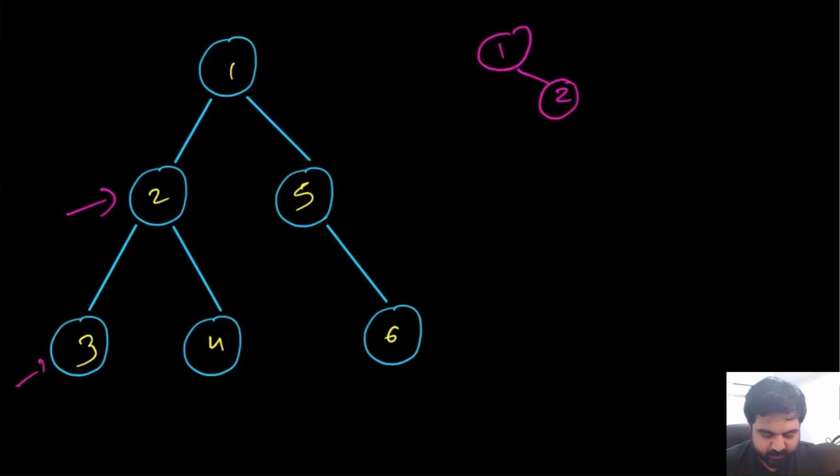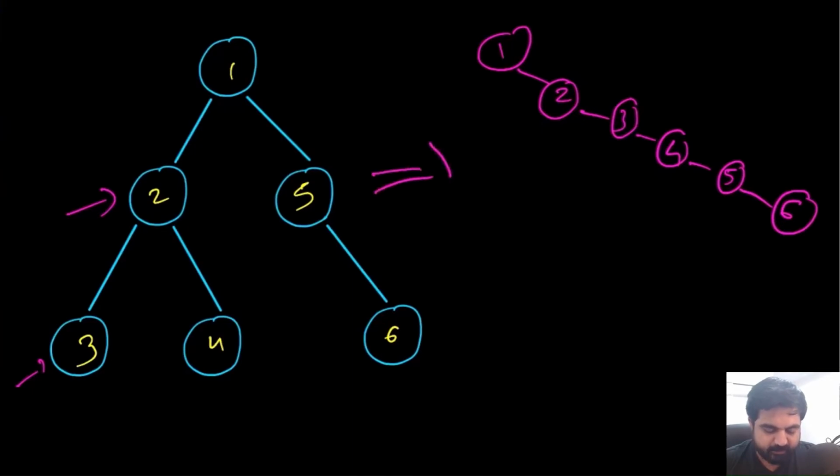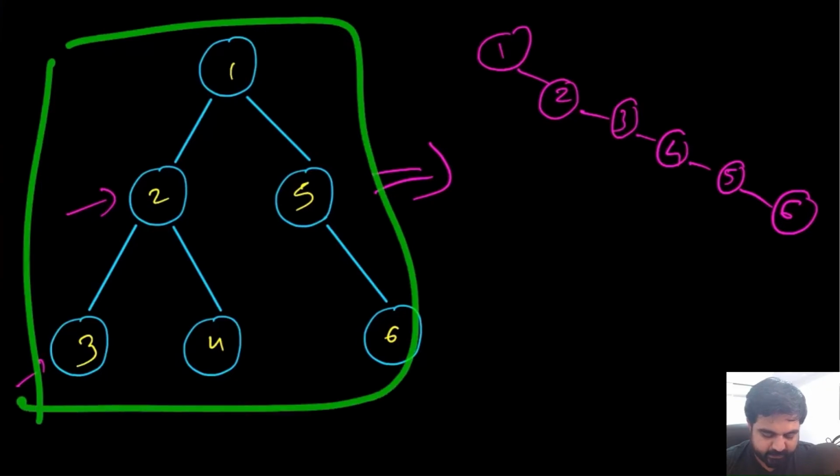The next one is 3, which is also marked on the right side. If we keep repeating the same process, this is the answer tree that we need to return, which represents the flattened binary tree given as the input.